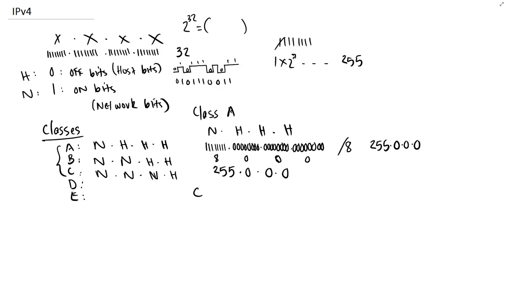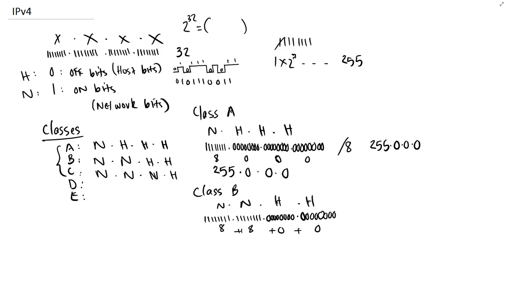For class B now, we have N, and then H, and then H. The N here is 1 2 3 4 5 6 7 8, the N here 1 2 3 4 5 6 7 8, and the H here 4 zeros 4 zeros, then the last one 4 zeros 4 zeros. If you combine the 8 bits here, 8 bits here, all ones, that becomes 16, and you will see /16.